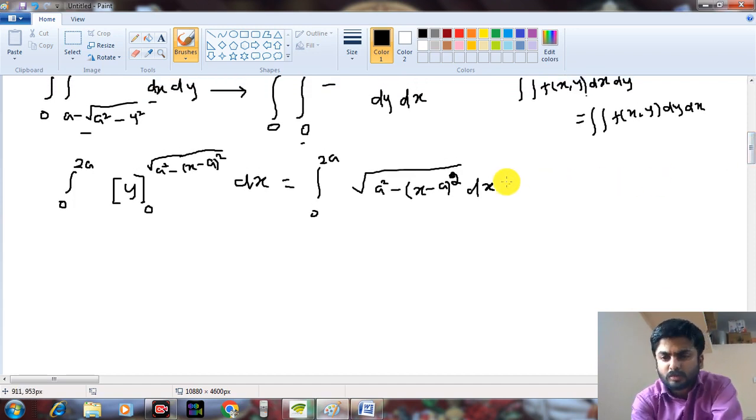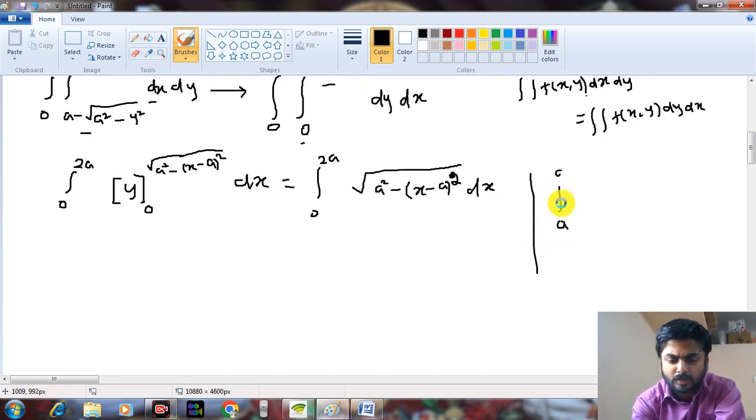So to evaluate this integral, we know the formula. We are having some limits here.